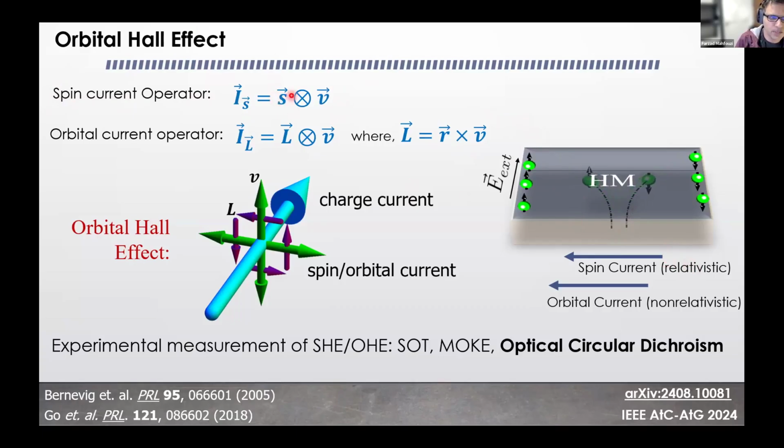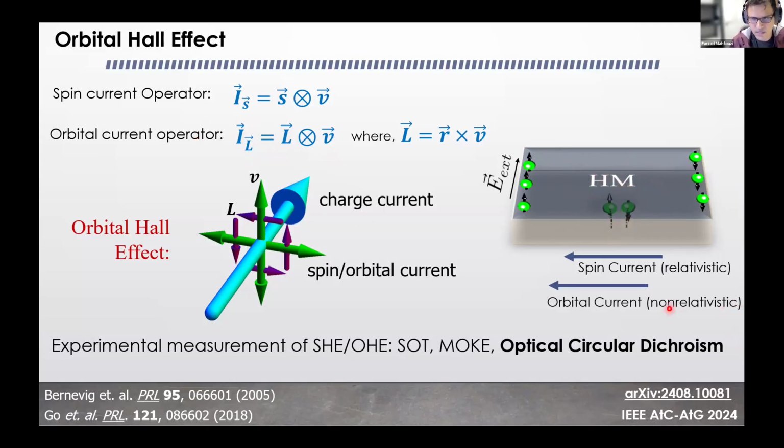Now, you can extend this picture and replace your Pauli matrix for spin half to extend it to other angular momentum 1, 2, 3, and so on, and then define an orbital current, and then calculate theoretically an orbital current accompanied by this charge current. And you would see that you would always get a relatively large transverse orbital current, and they call it the orbital Hall effect.